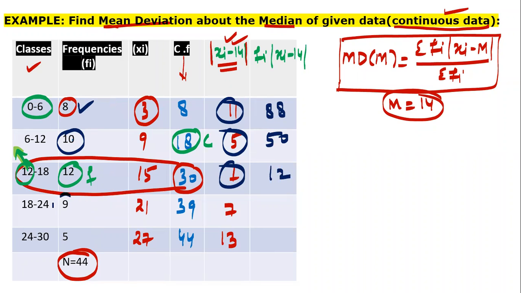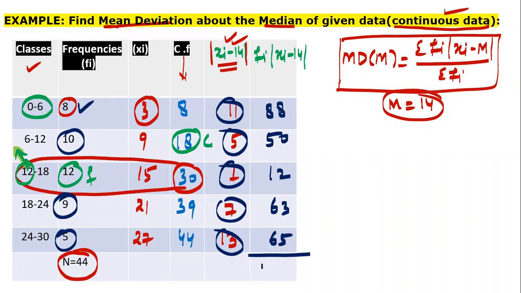Then 9 into, 13 into 5. Their sum is the summation of fi into absolute value of xi minus 14. Adding them, you will get 278.